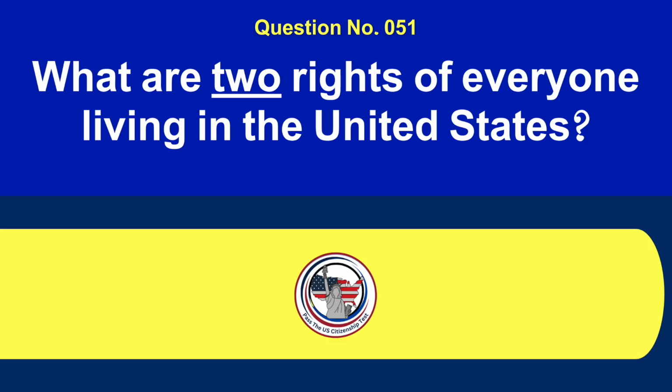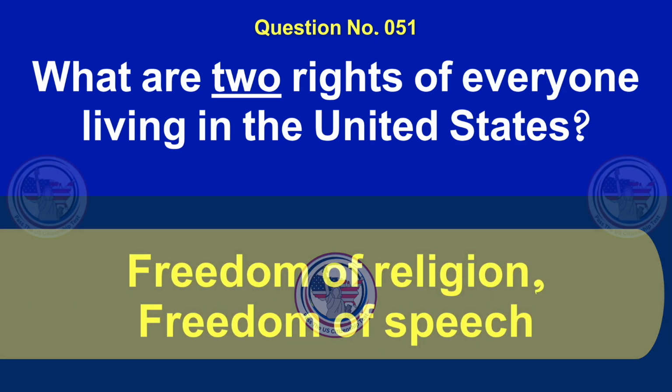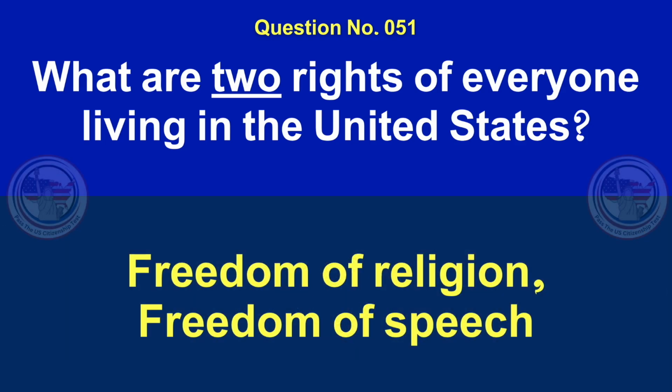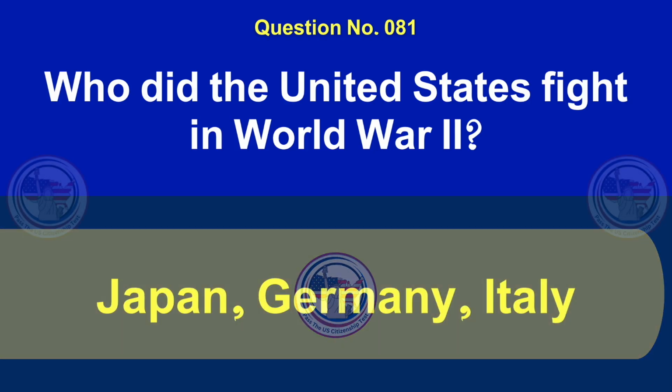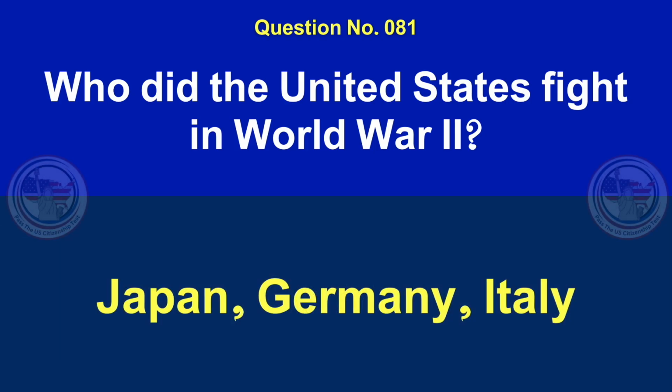What are two rights of everyone living in the United States? Freedom of speech. Freedom of religion. Who did the United States fight in World War II? Japan, Germany, and Italy.